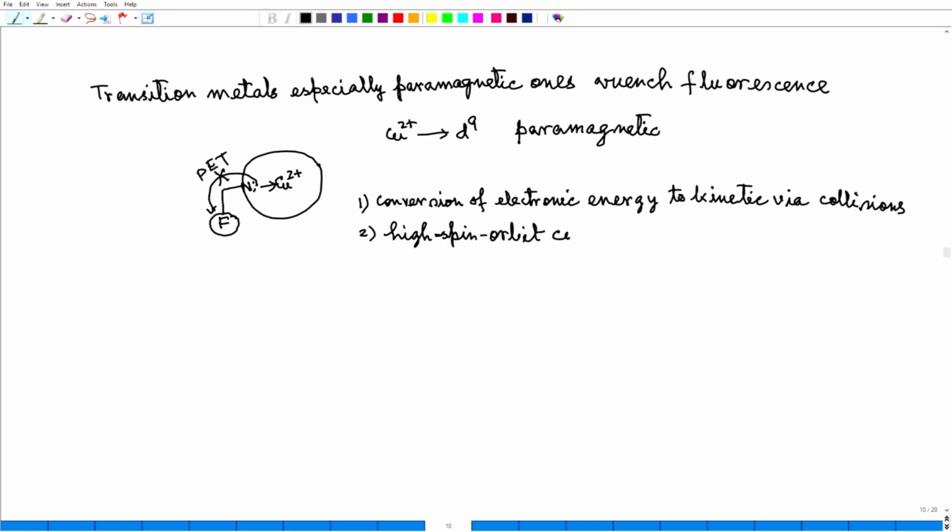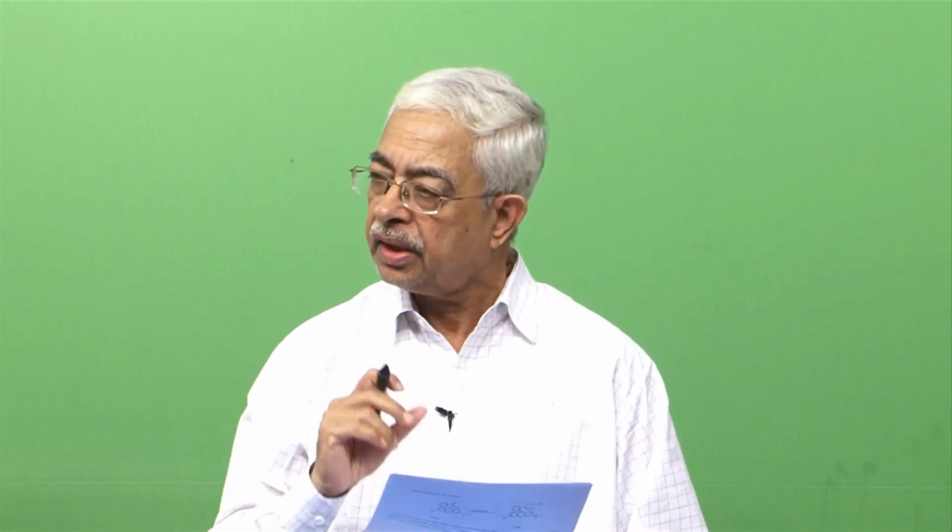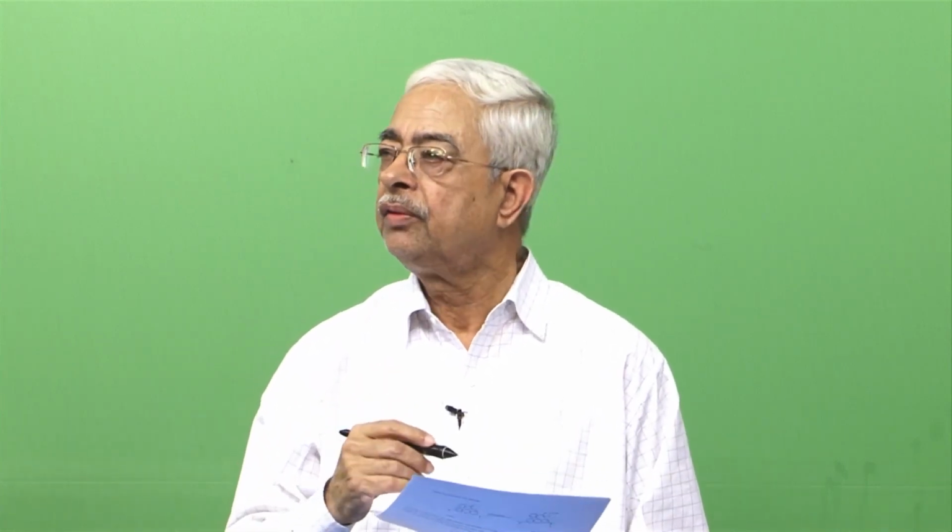Spin orbit coupling in atoms increases with atomic number. Actually, spin orbit coupling is very high with heavy metals, and this spin orbit coupling can also interact with the fluorescence.